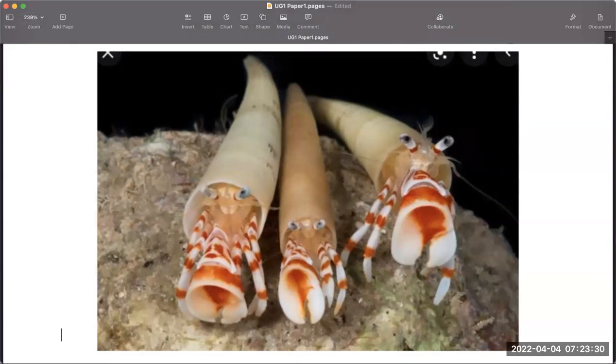They do not have a head. Mouth is present with tentacles, and they don't have eyes too.